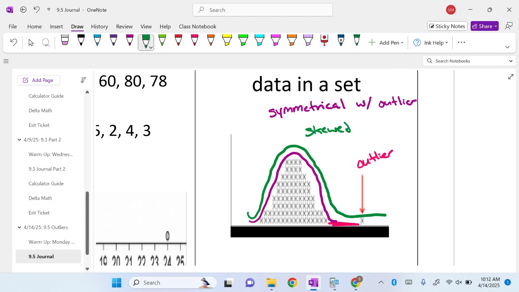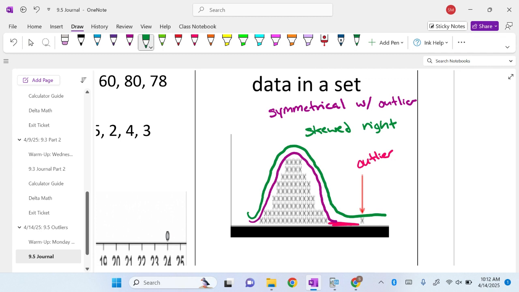Stop talking, guys. That's why knowing where your outliers are is important. Because a lot of times, if you're looking at data and trying to analyze it, researchers will throw out outliers because they can skew their data, whether it skews to the left or to the right.